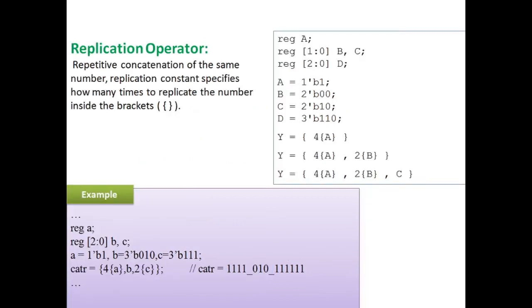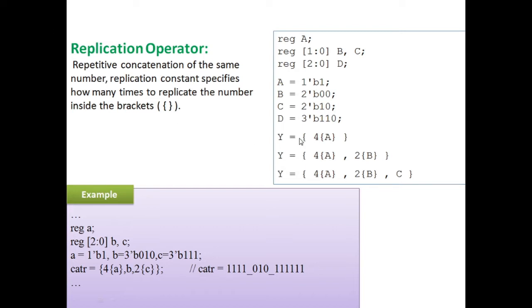The next one is the replication operator. That is nothing but a repetitive concatenation of the same number, using a replication constant, which says how many times to replicate the number inside the brackets.